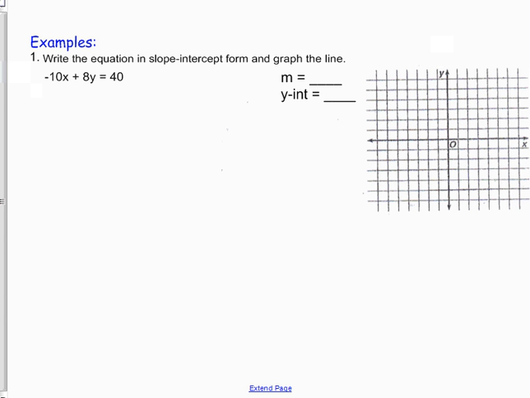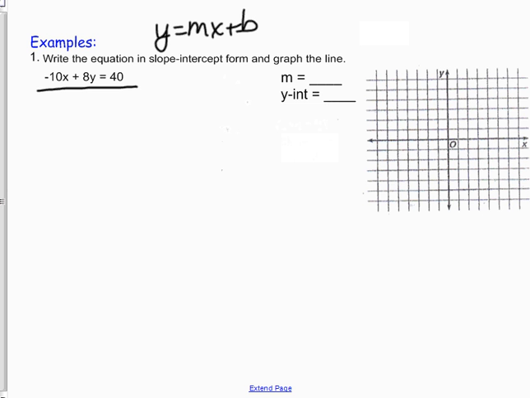All right. We are looking then at putting this equation in slope-intercept form. Okay, so we have this equation here. We need to put it in slope-intercept form. That means we need to make it into the y equals mx plus b form.